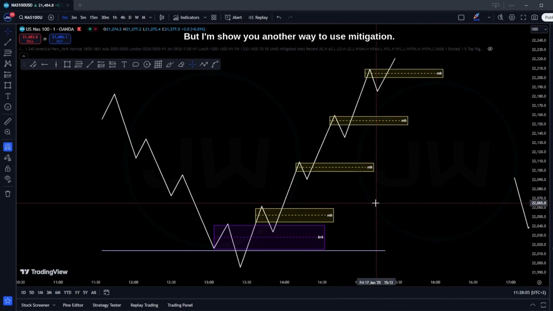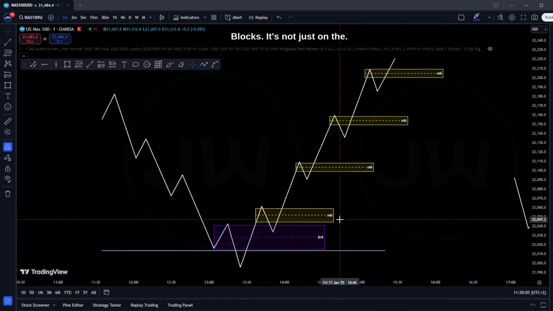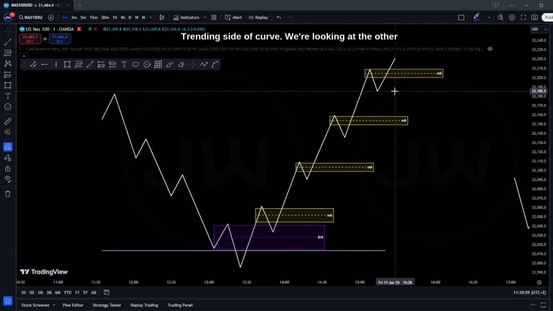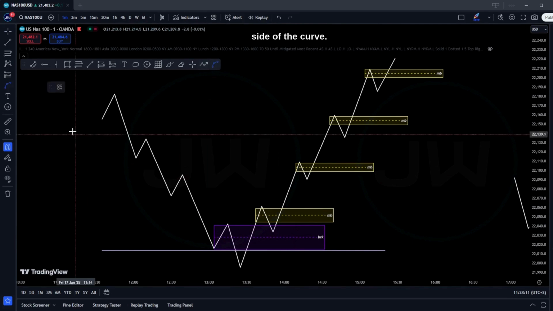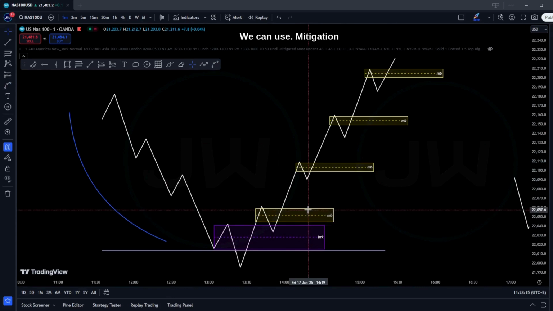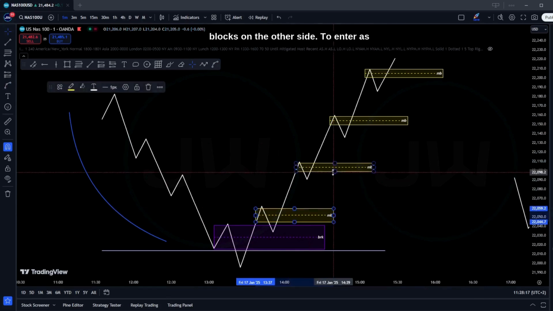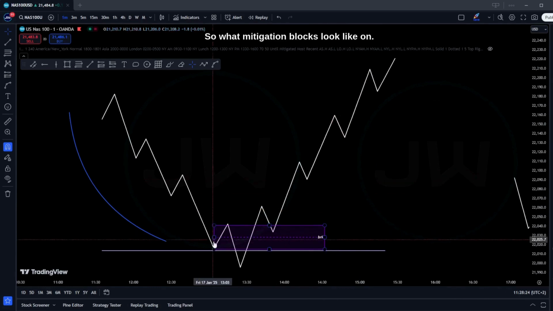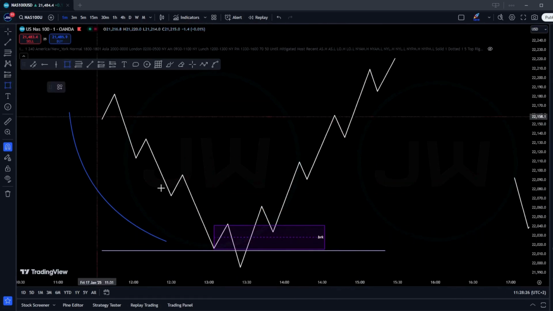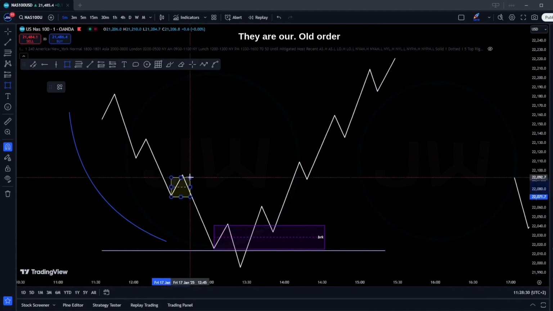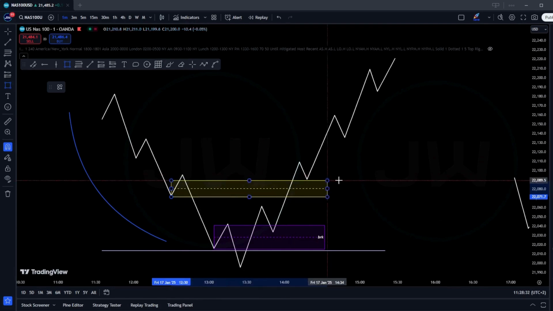But I'm going to show you another way to use mitigation blocks. It's not just on the trending side of the curve. If you're looking at the other side of the curve, we can use mitigation blocks on the other side to enter as well. So what mitigation blocks look like on the other side of the curve, they are our old order blocks.